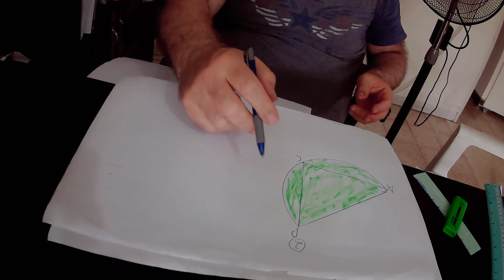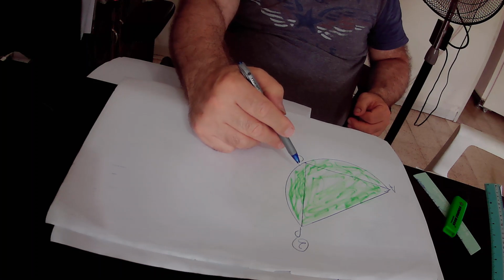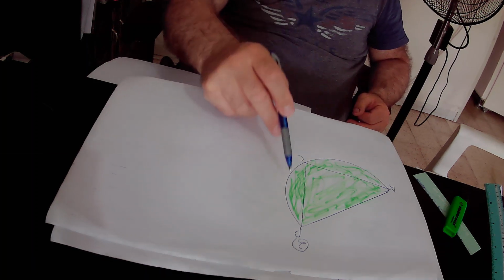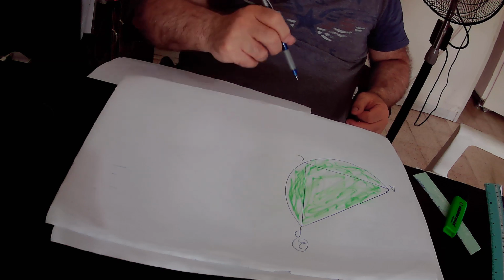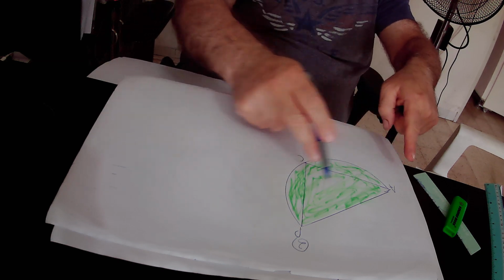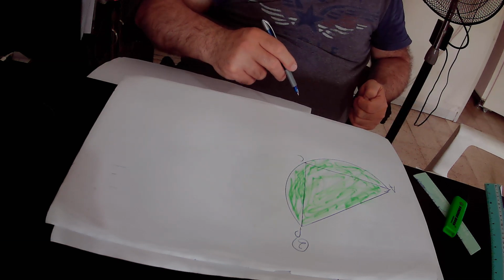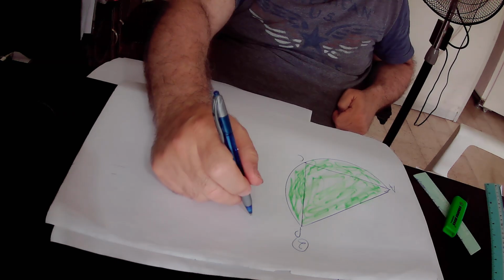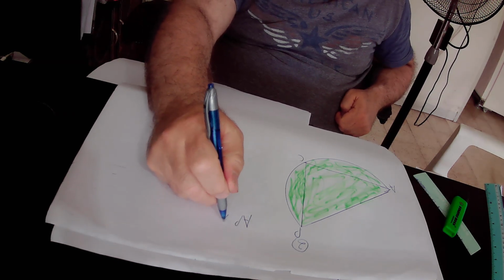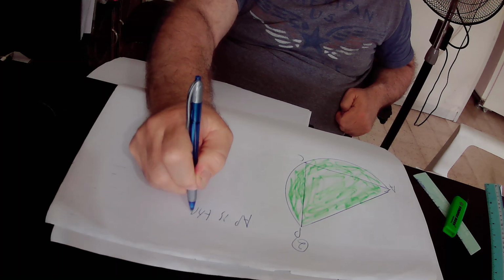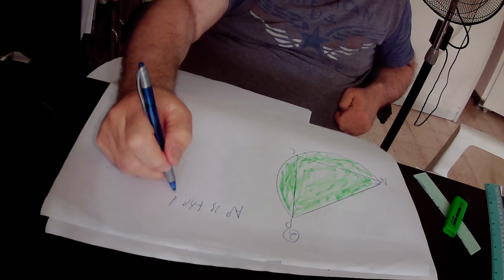Actually, by joining points P and C together by a straight line, we created the peripheral angle ACP. This is peripheral angle ACP, and AP is the diameter of the green semicircle. So I'll write it down.